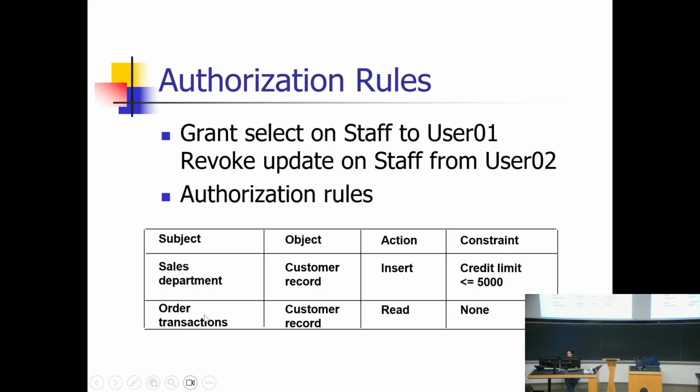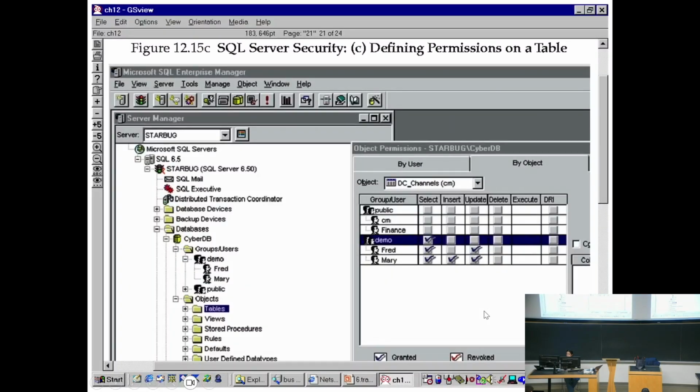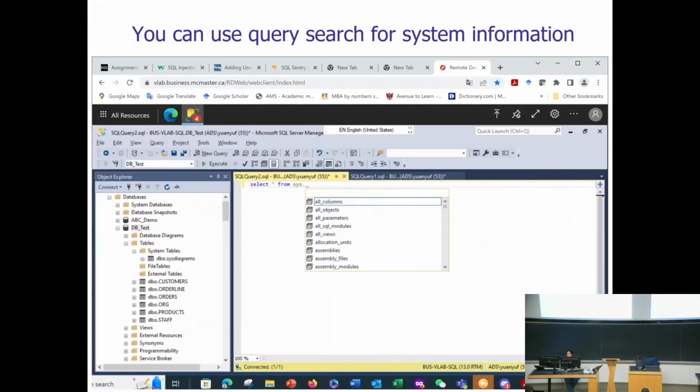And the staff in order transactions can read customer records, but they cannot edit them, and there's no constraint here. Here's another example, and then we had all the questions that we did last session.